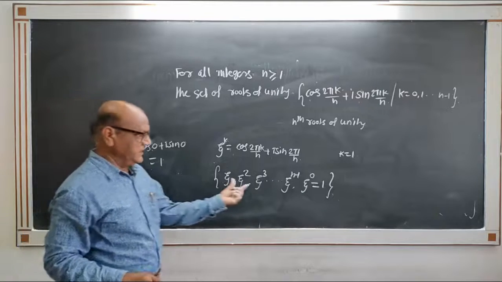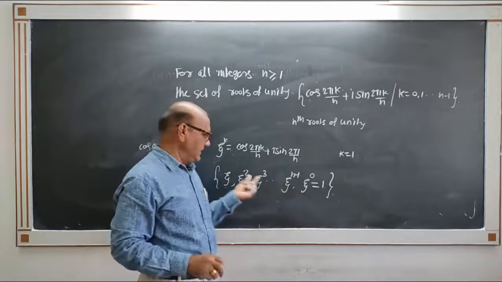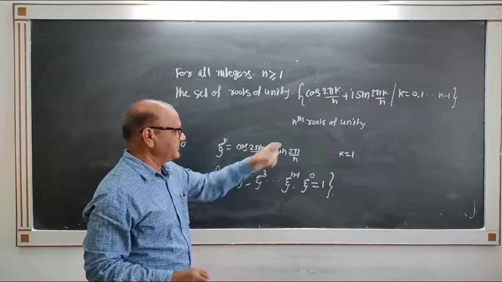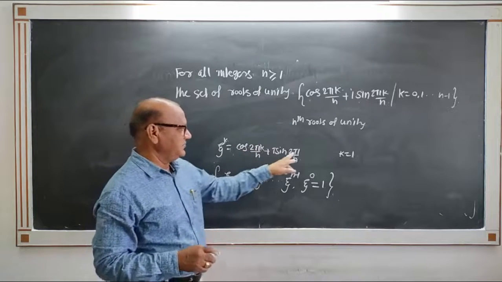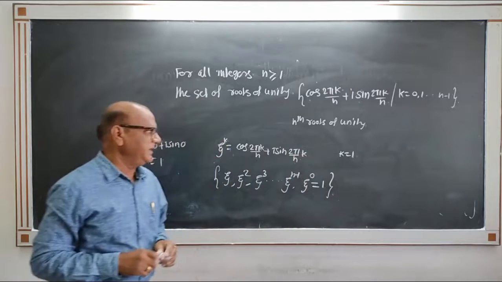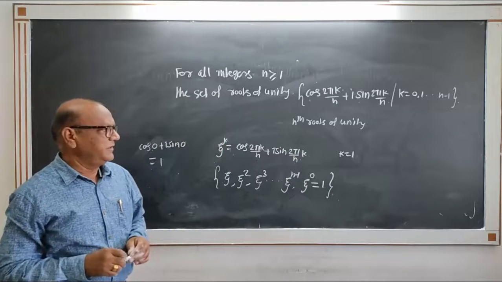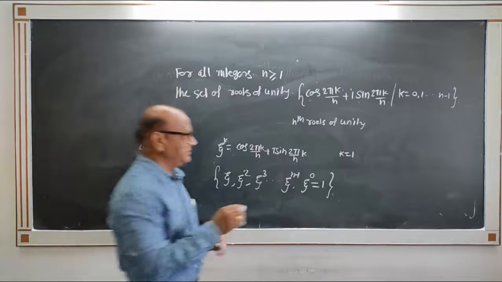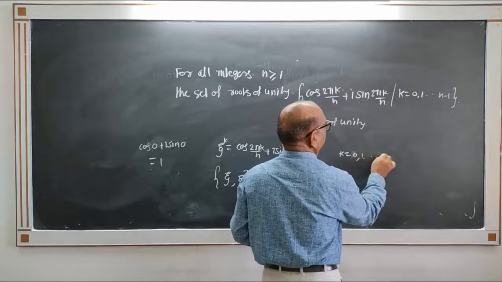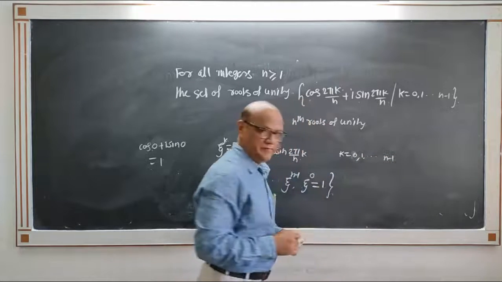So xi raised to k is equal to cos 2 pi k upon n plus i sine 2 pi k upon n, where k varies from 0, 1 up to n minus 1.